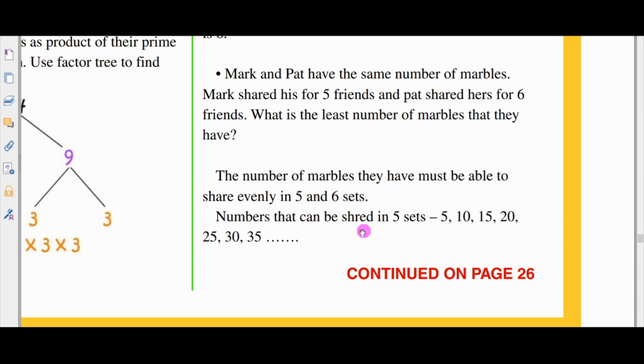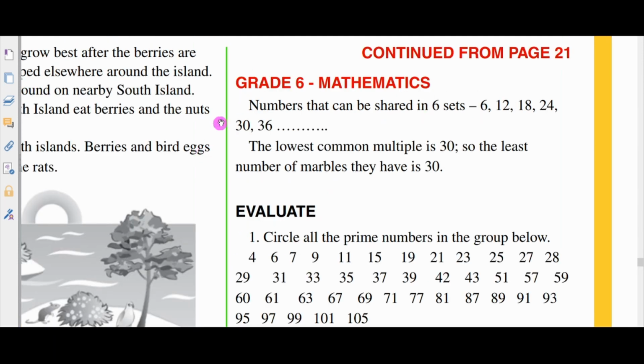Numbers that can be shared in 5 sets are 5, 10, 15, 20, 25, 30, 35, and so on. And numbers that can be shared in sets of 6 are 6, 12, 18, 24, 30, 36, and so on. The lowest common multiple is 30. So the least number of marbles they have is 30.